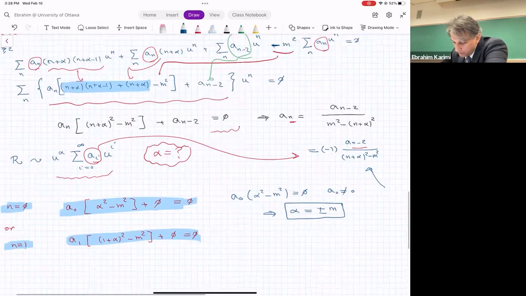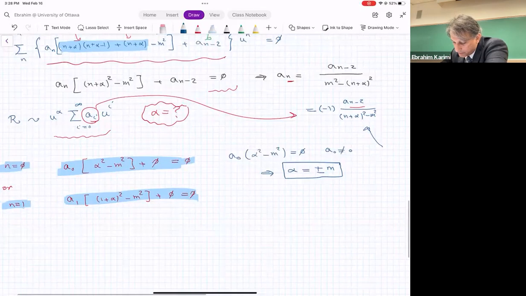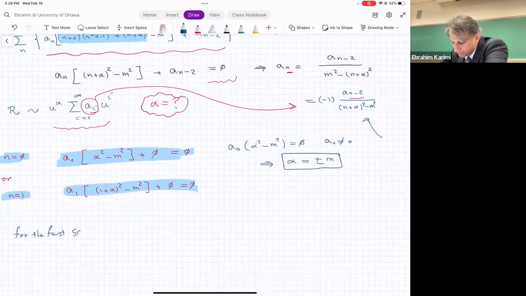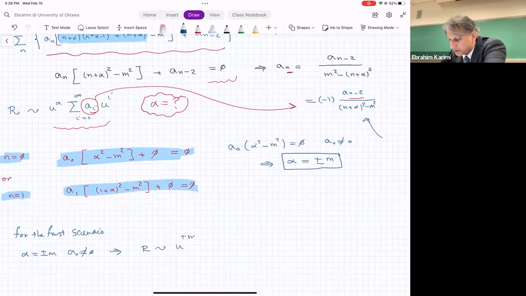So then for the first scenario, we do have alpha equal to plus minus m and A0 not equal to 0. Therefore, R will be given by u to the power of plus minus m, let's keep for the time being plus, minus, we will discuss that, times the summation of An u to the power of n, where n is changing from 0 to infinity.